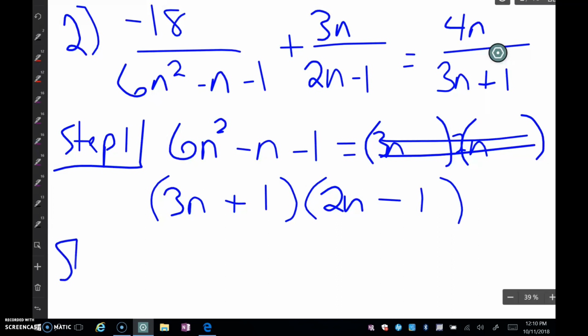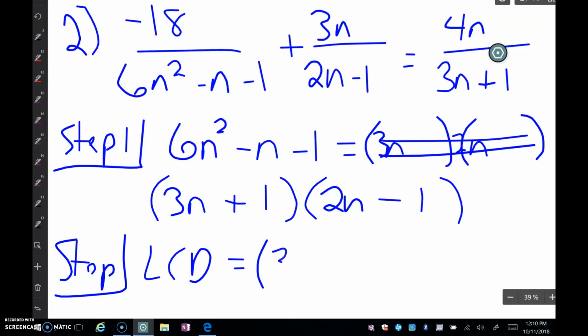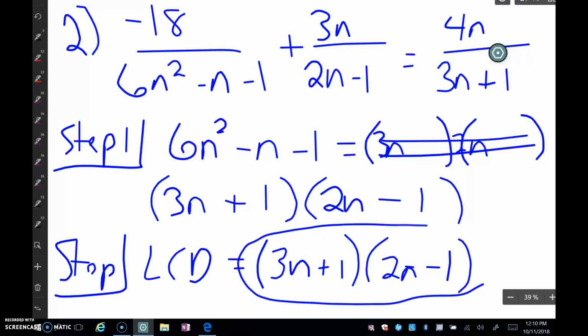My step 2 is to figure out what the LCD is. So this one's a little bit harder. I've got to get the LCD when I have more than one fraction. If you examine all the denominators, it looks like I have a 3n plus 1 and a 2n minus 1. I think that will cover it. I know I'm right because these factors are the only factors that show up in every one of my fractions.